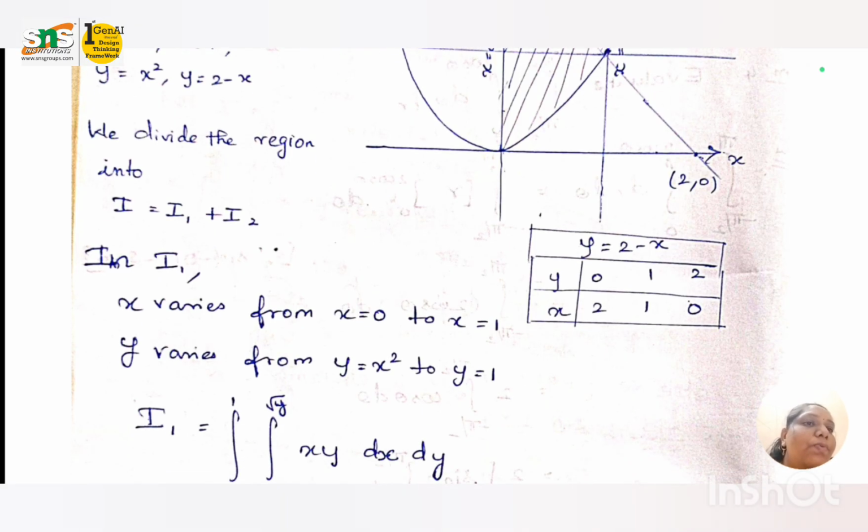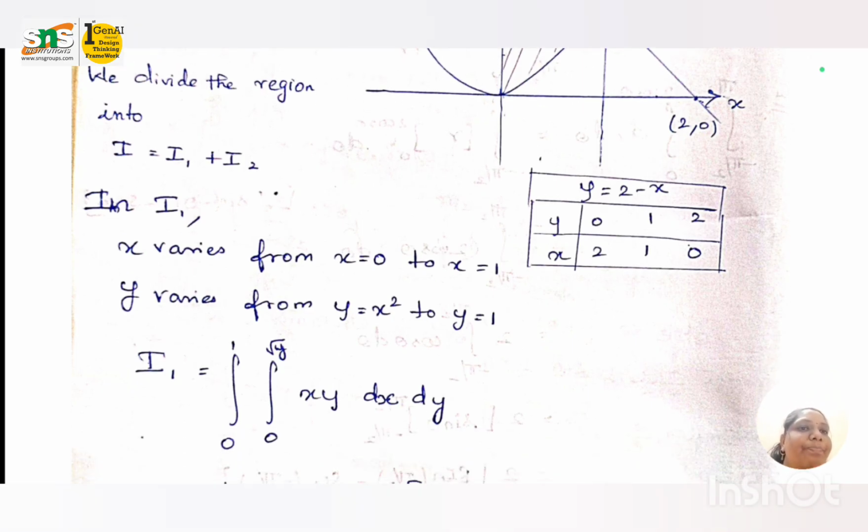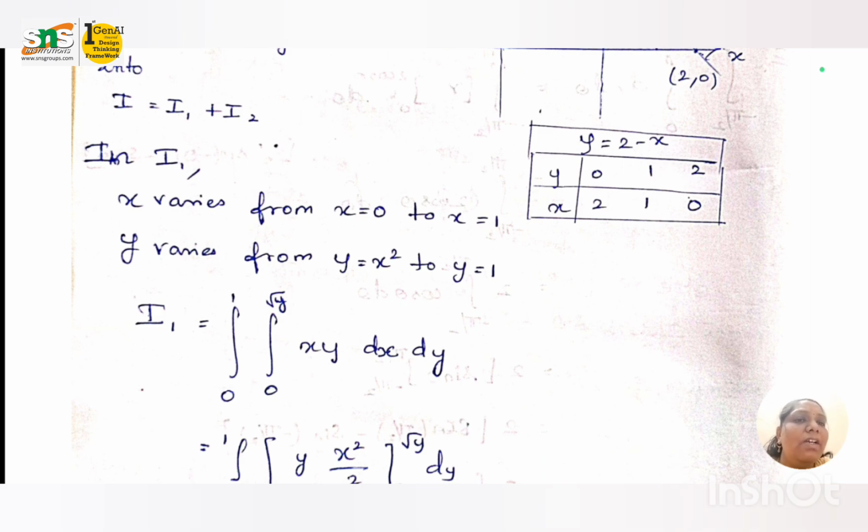So y varies from x squared to 1 and x varies from 0 to 1. Now we write the first interval as x and the second interval as y. Here we have y equal to x squared, so x is from 0 to root y, and the other interval is 0 to 1.